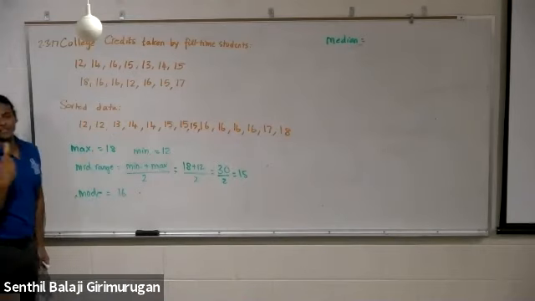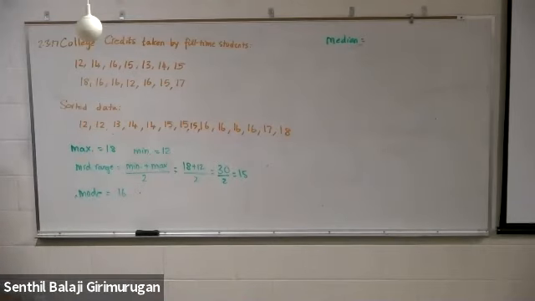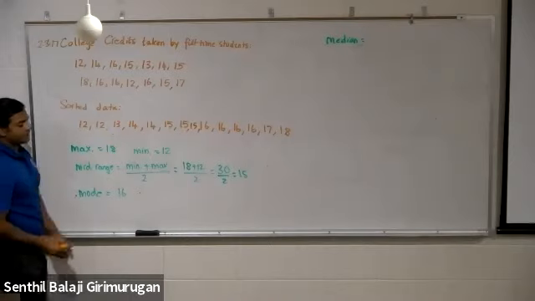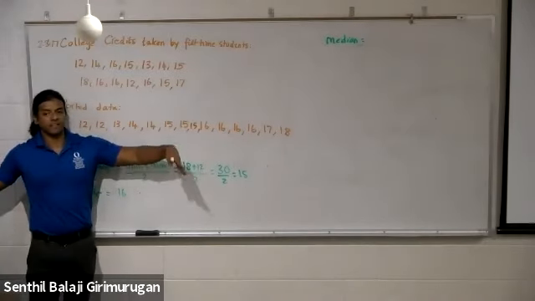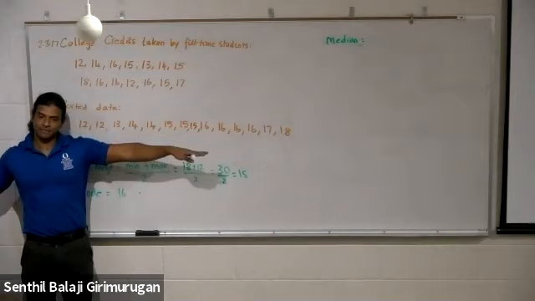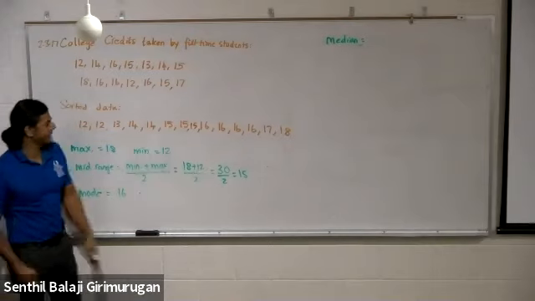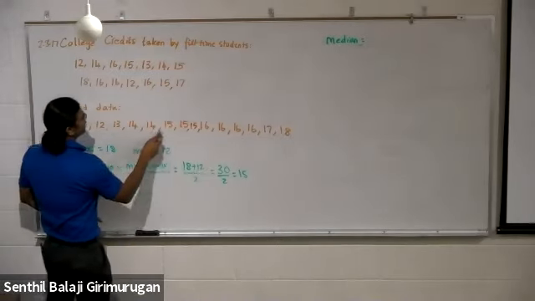We have 14 observations. So if I have to split so that I have an equal number of observations on either side, I need 7 on this side, 7 on that side. So 1, 2, 3, 4, 5, 6, 7.